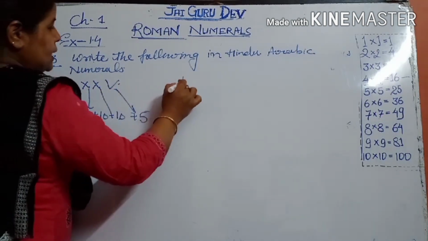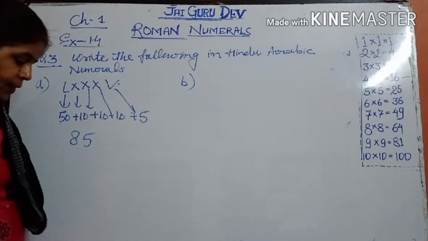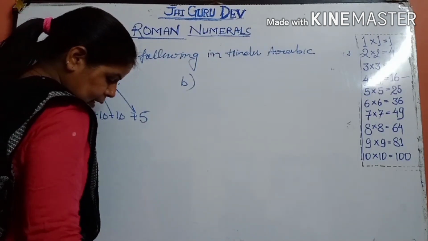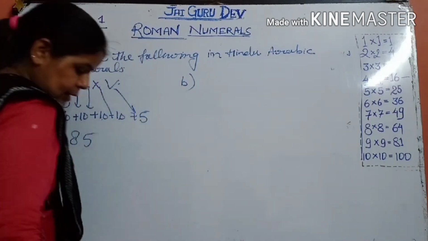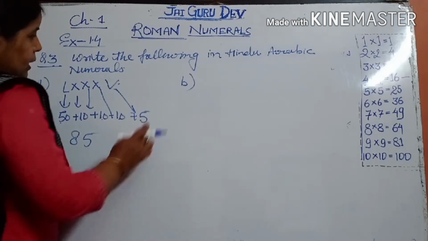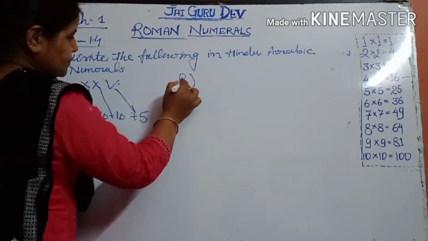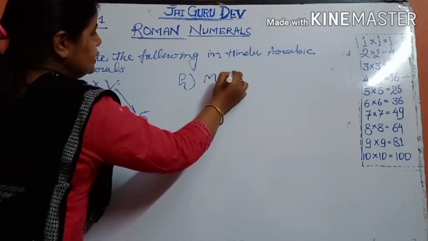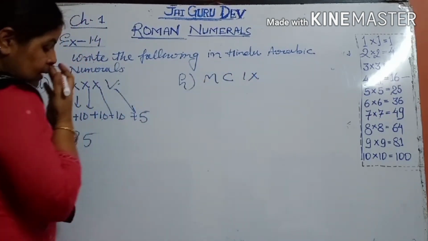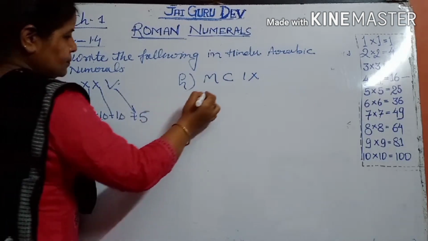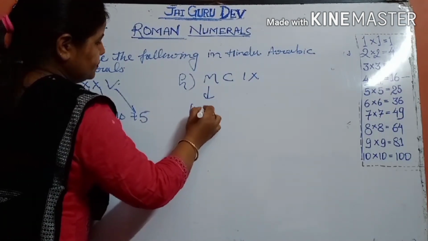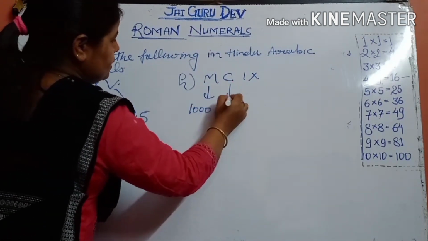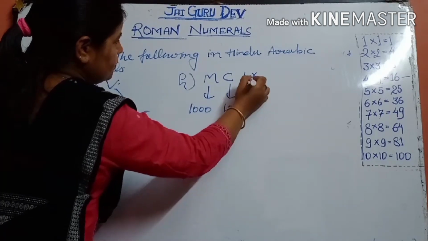One more part I am doing. Just see, I am taking the greater one, not B. I am doing H part. MCIX. You can see that M we are using for 1000. Then C for 100.